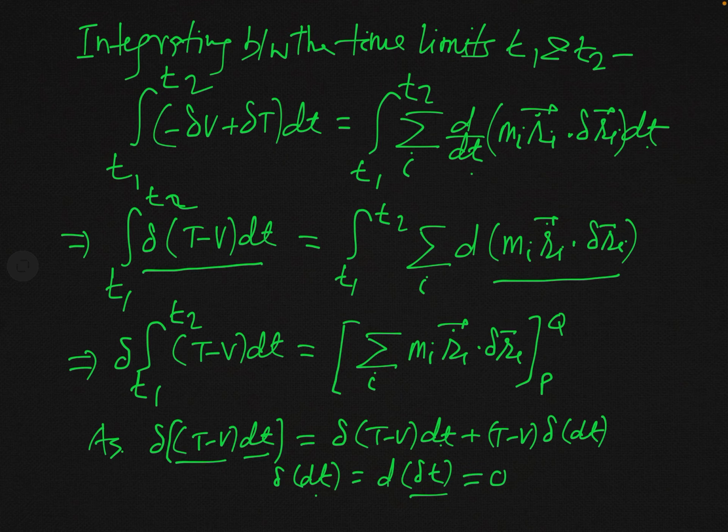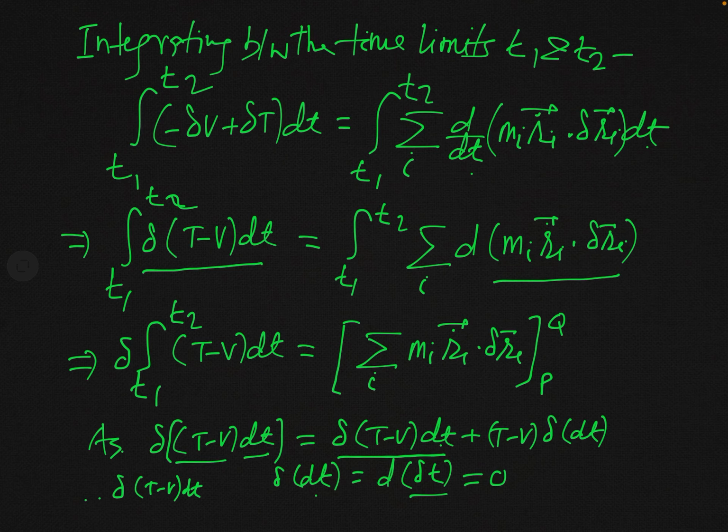And so you can write that this delta t minus v dt is simply equal to this much, and therefore I have taken this delta variation outside of this integral.